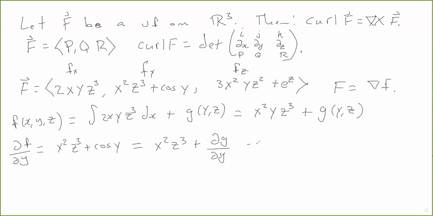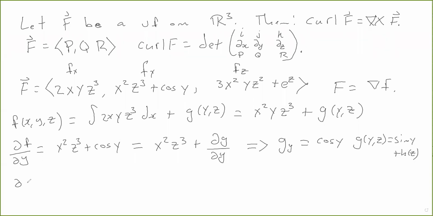Okay, so setting these two equal to each other, it says that the partial derivative of g with respect to y is equal to cosine y. So this says that g of y, z is equal to sine y plus some unknown function of z. That's just the constant of integration. g_y is equal to cosine y, so we take the antiderivative of both sides with respect to y. g of y, z is equal to sine y plus some function of z.